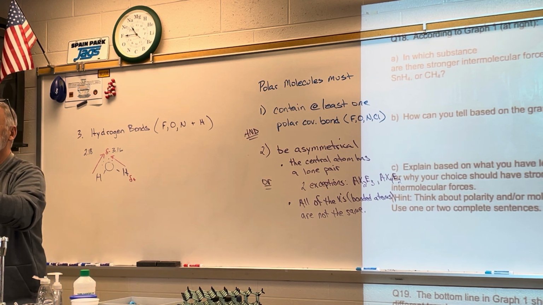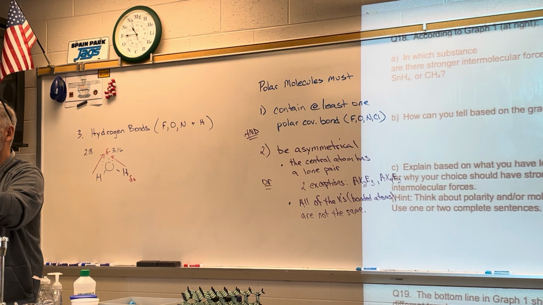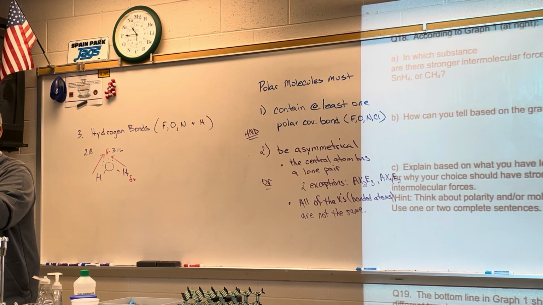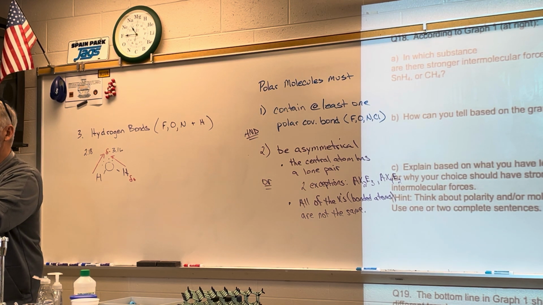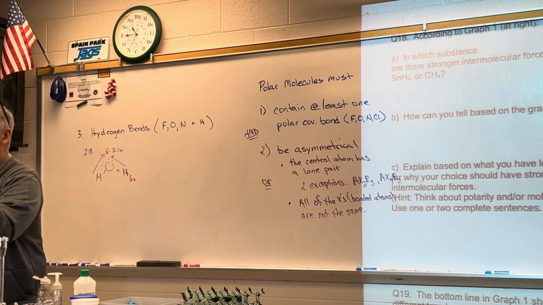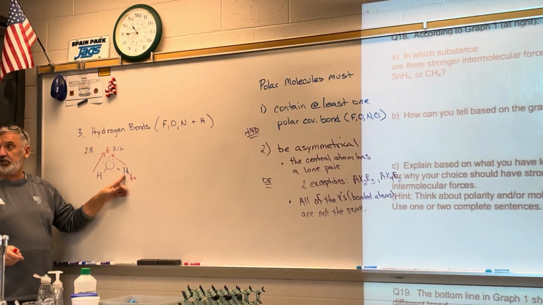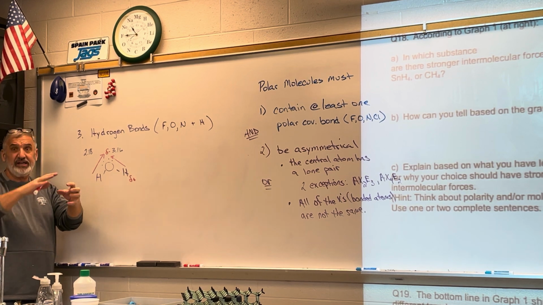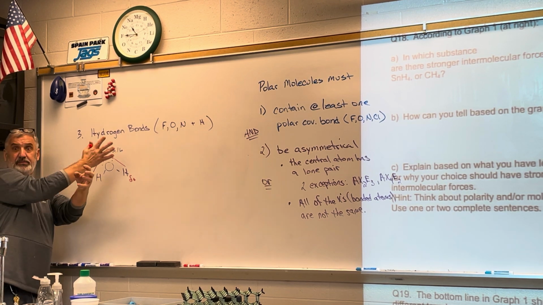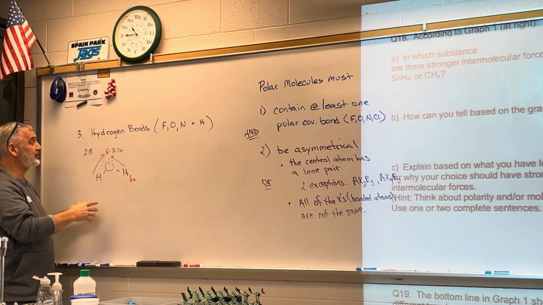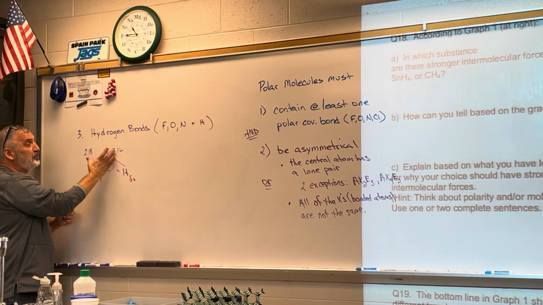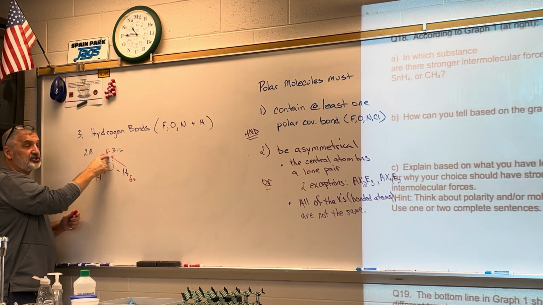All other elements have core electrons around it, shielding some of that positive with the negative electrons. But when hydrogen's one electron gets pulled away, that nucleus is fully exposed, which gives it a uniquely strong positive charge here. Because there's no other negative around it now, because it's all being pulled towards the oxygen. The oxygen is so electronegative, it's pulled the electrons this way, so it's very strongly negative.